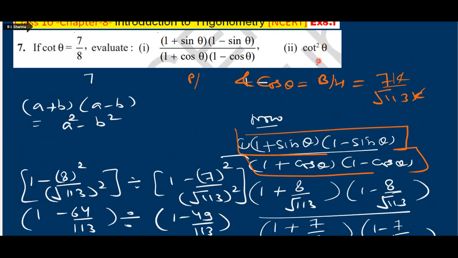Now, second part is cot square theta. Cot means base upon perpendicular, whole square.